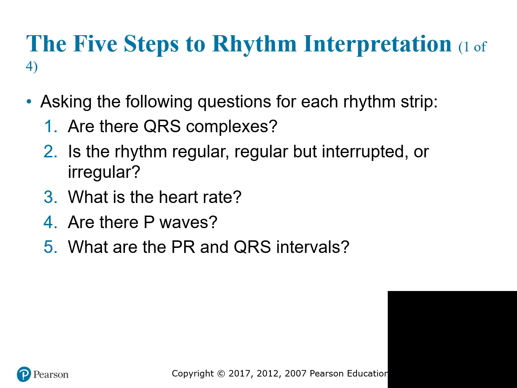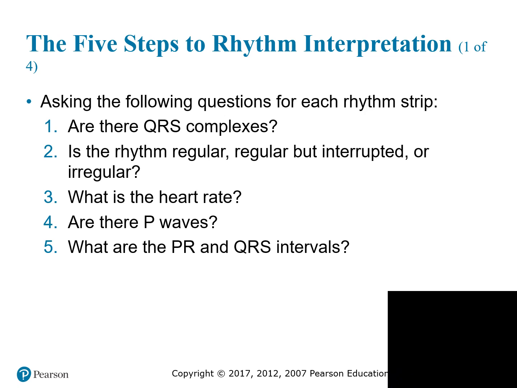So if we have a regular rhythm, we know we're going to use the 1500 method. If we have an irregular rhythm, we know we're going to use the 6-second method along with the 1500 method to get our heart rate range.